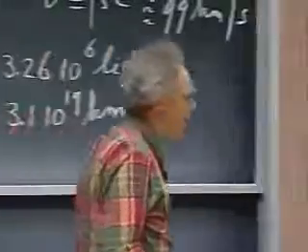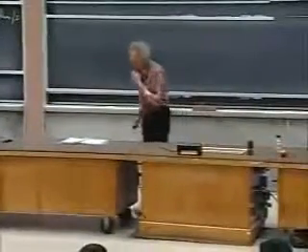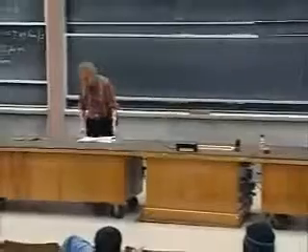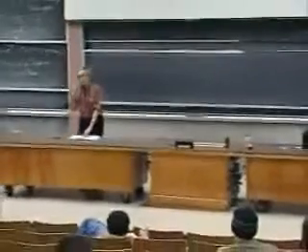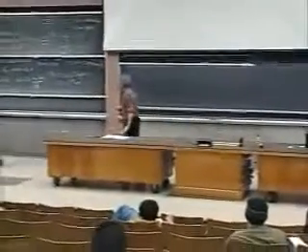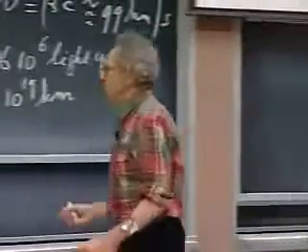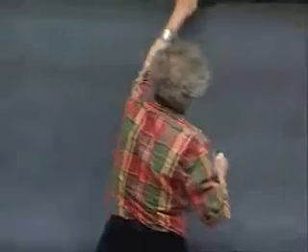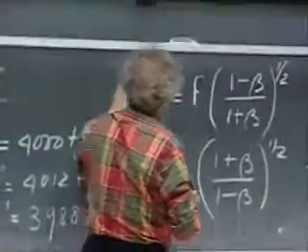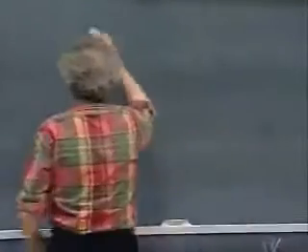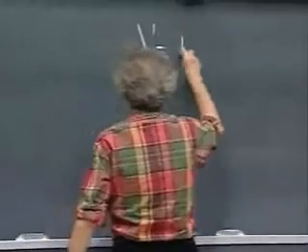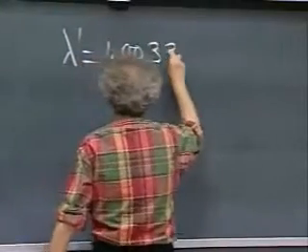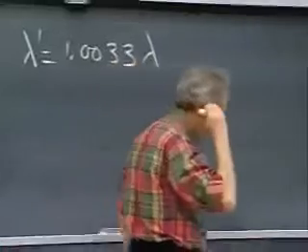So I could calculate the distance for a specific galaxy that I have in mind if I know the redshift. I have a particular galaxy in mind for which lambda prime is 1.0033 times lambda.